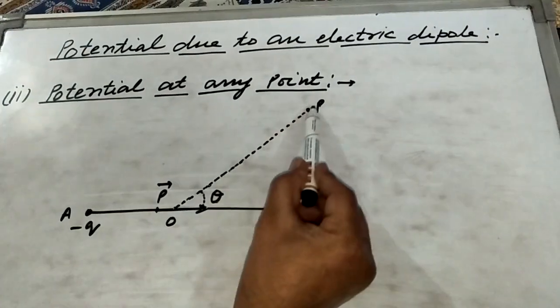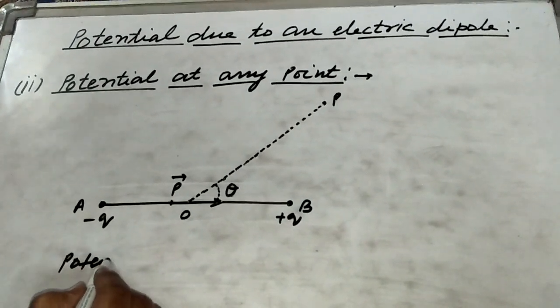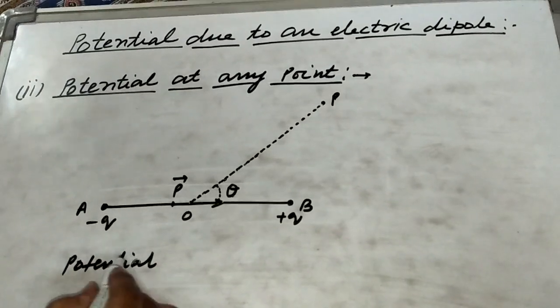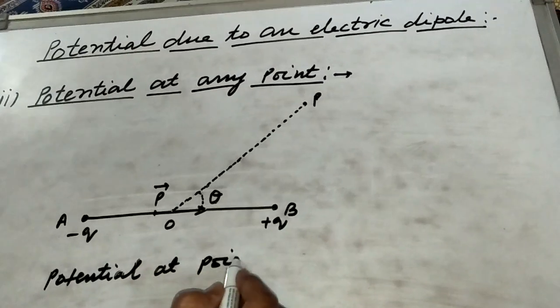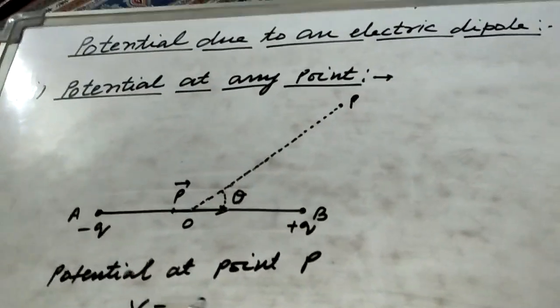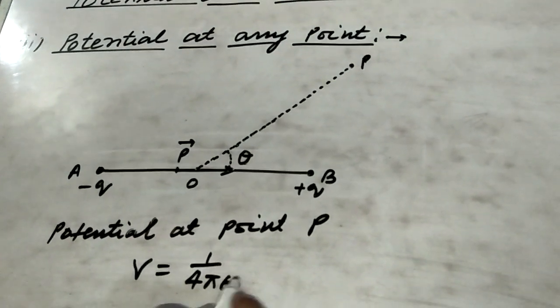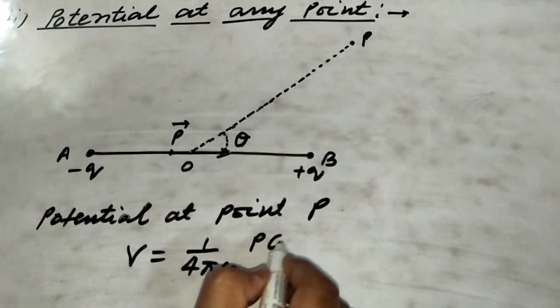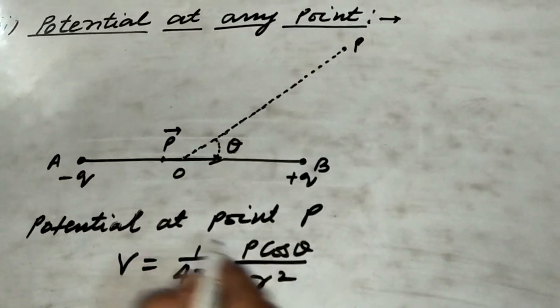So in this case the potential at point P is given by V is equal to 1 upon 4 pi epsilon naught p cos theta upon r square.